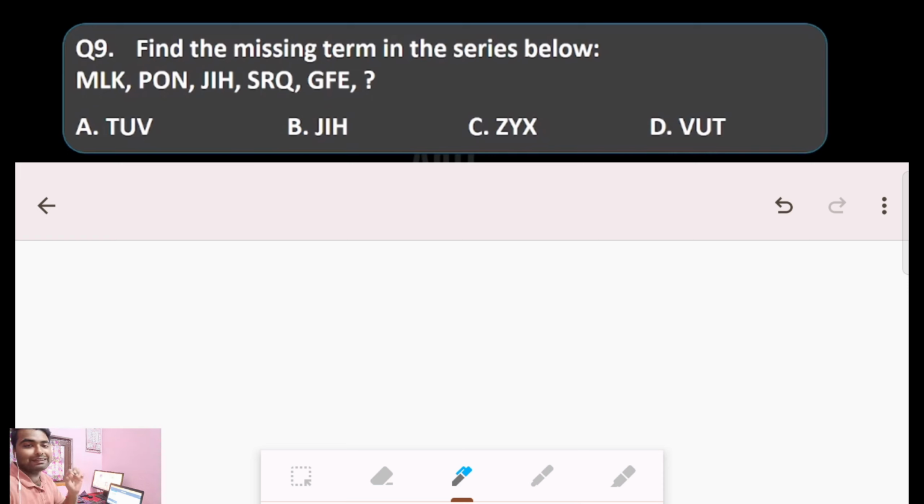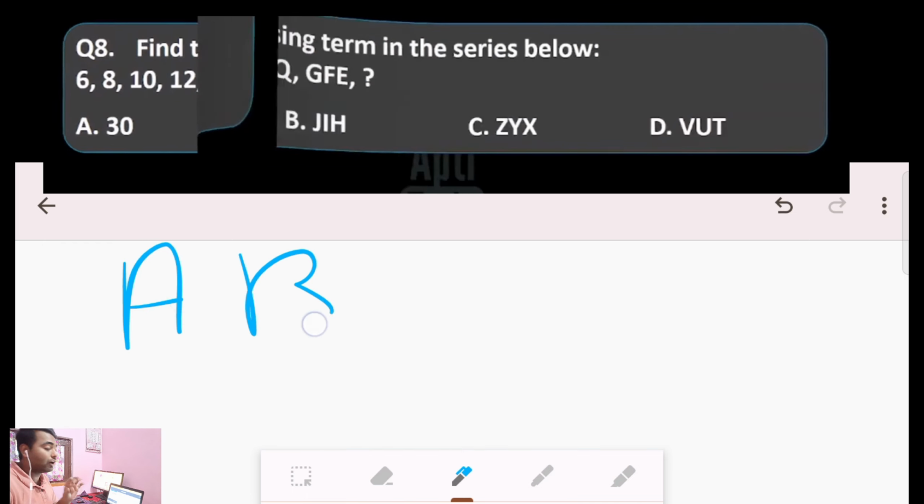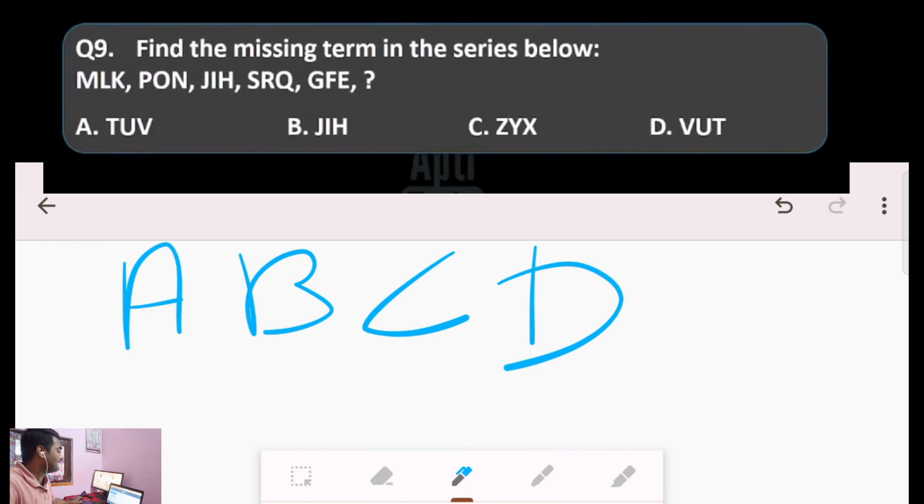Do you remember the sequence? For this, write down ABCD on your paper. Make sure you have paper. Write down ABCD on your paper and match it. So we have the logic here: EFG, JIH, MLK. Again, PON, SRQ, next what?